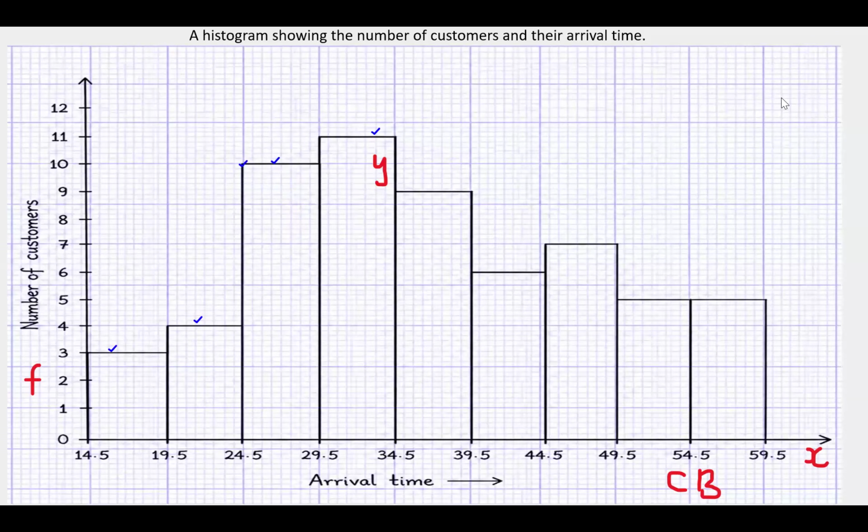I saw Ridwan's hand up. Yes, kindly unmute Ridwan. My question is, in the scenario, we didn't see where they indicated for us to draw a histogram. What if one used the formula for finding mode? You can also use the formula for finding mode, if you're able to remember the formula.